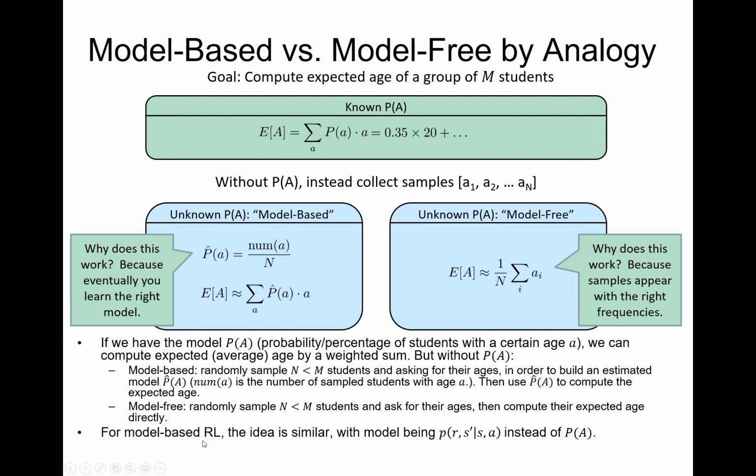For calculating the average, these two approaches for the same n samples will give you the exact same results. However, for model-based RL, the idea is that you learn the MDP model from the data.